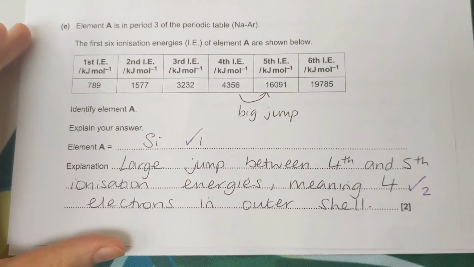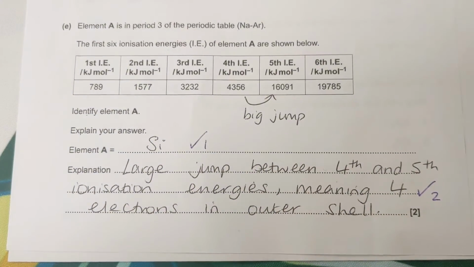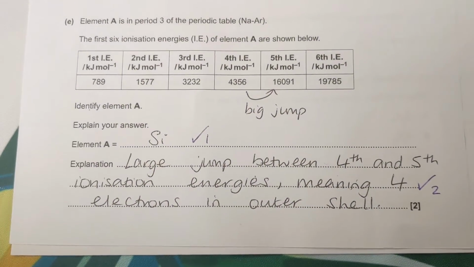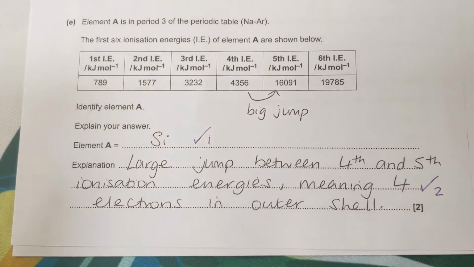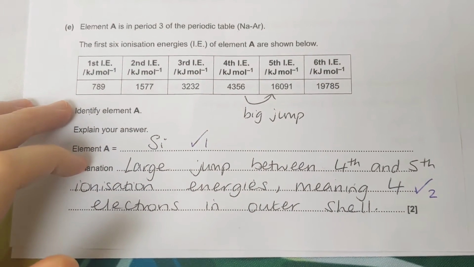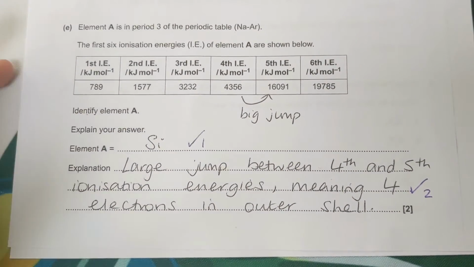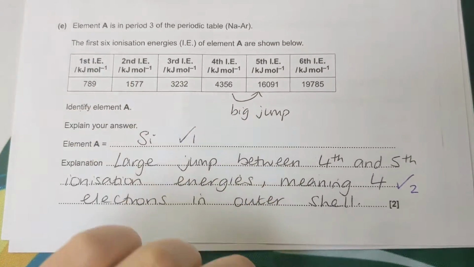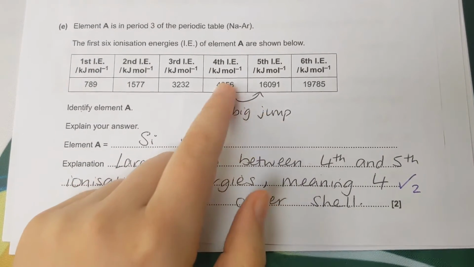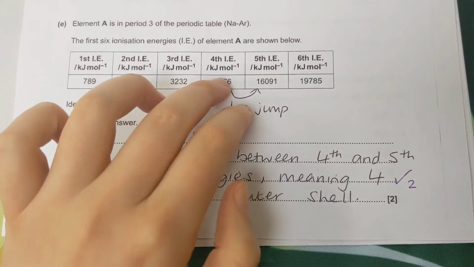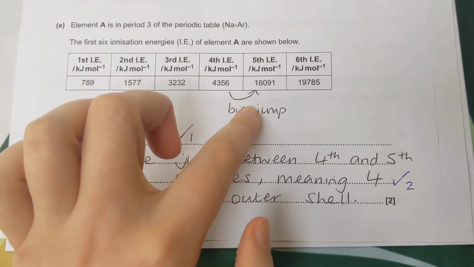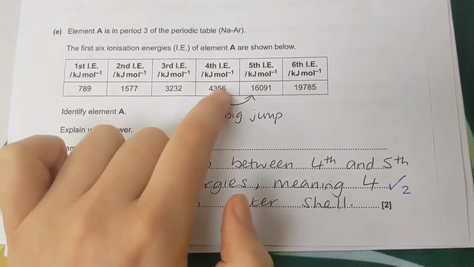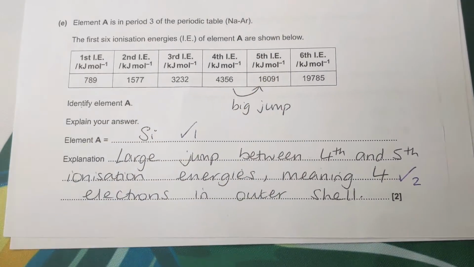Element A is in period 3 of the periodic table, and we have the first 6 ionisation energies shown below. And it's asking us to identify element A. So we know it's in the 3rd row. And the next thing we need to look for is where the big jump is. So the biggest jump in these numbers, these ionisation energies, is here between the 4th and 5th ionisation energy.